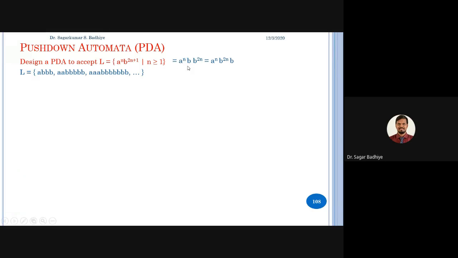Or you read n number of a's, push these n number of a's onto the stack, then traverse for a b, right? And then for twice b, that is always the second b, pop it from the stack. Try to design a pushdown automata for this, and if you are able to do, very good. Otherwise we'll discuss it in next class.